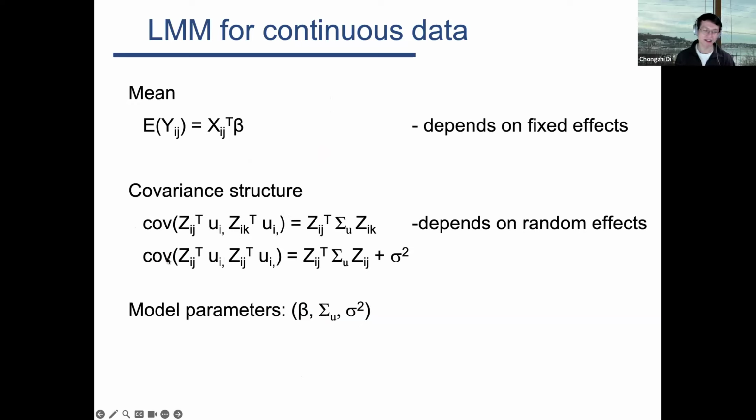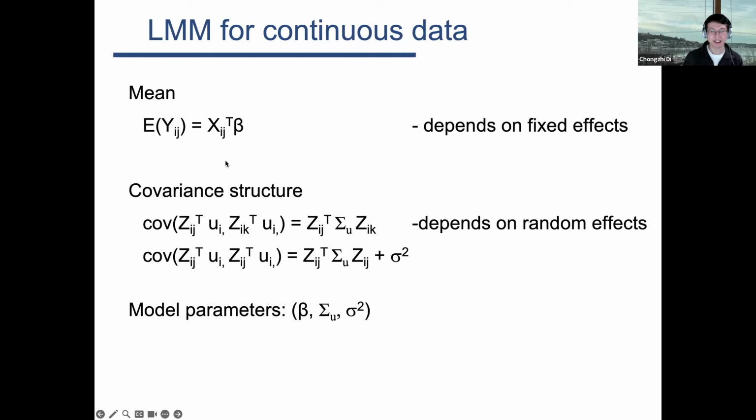And if you look at the covariance of the jth visit with itself, so I'm sorry, there's a typo here, this should be the covariance of Yij and Yij, in this case it depends not only on the random component, but also on the residual error variance.